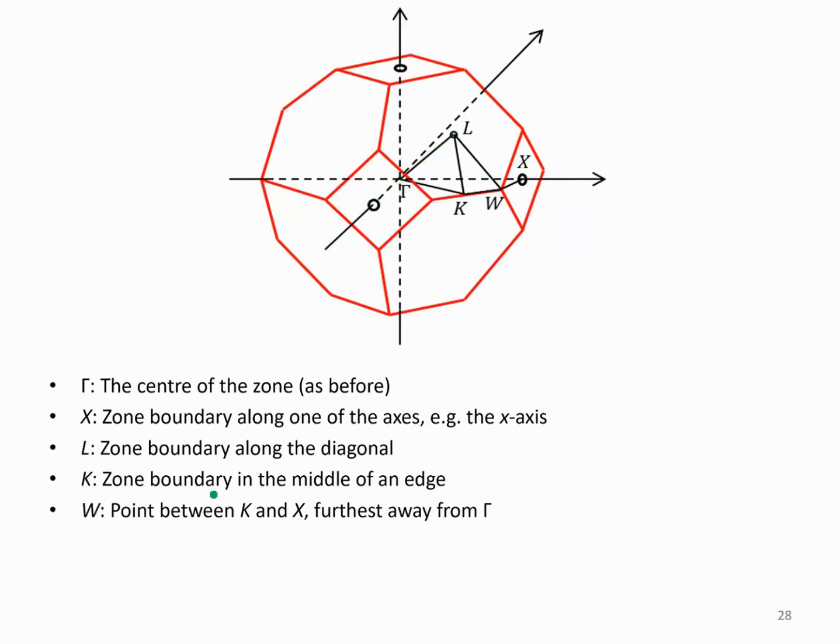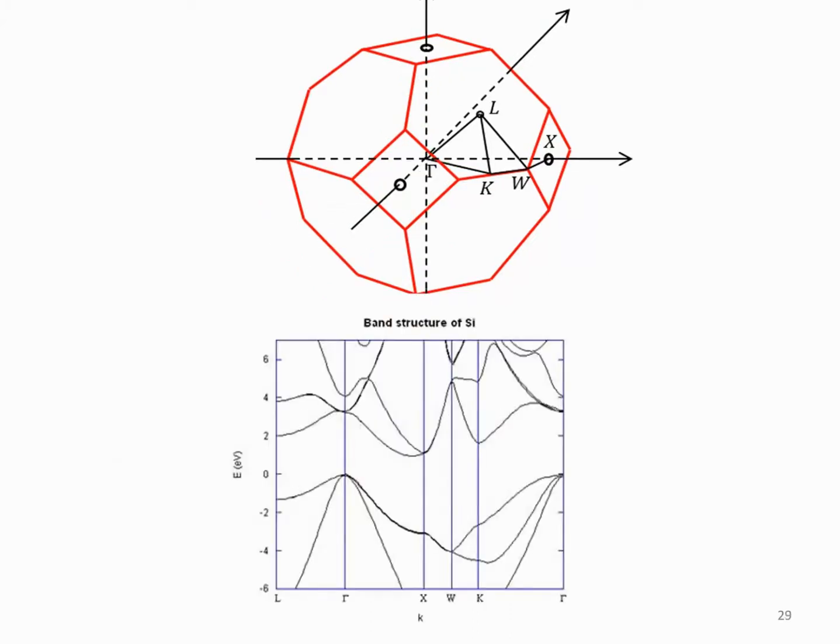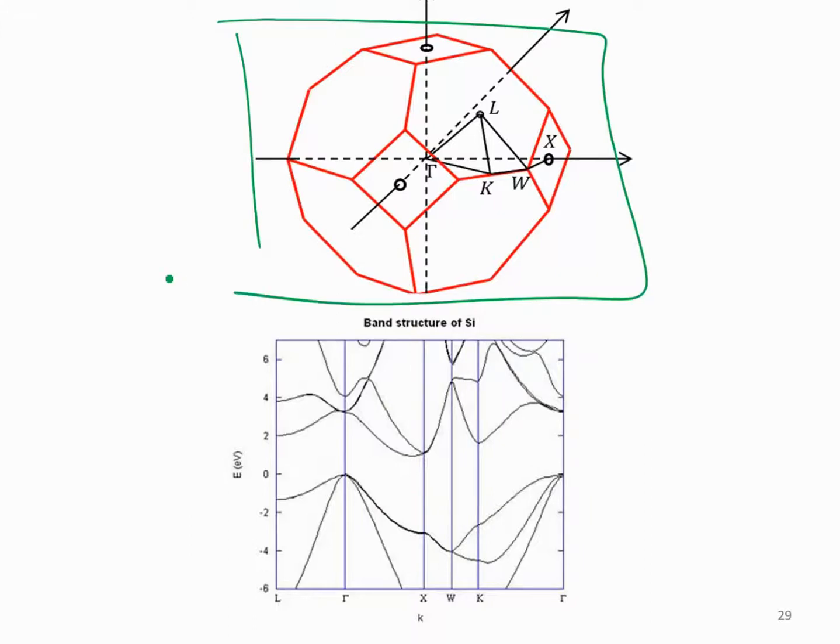From the zone boundary in the middle of the edge. So from this point to here, from this point to this point, K. From this point to this point, K. From this point to this point, K or K.